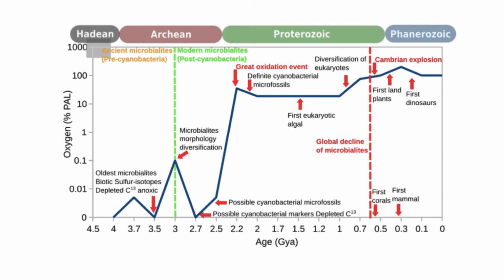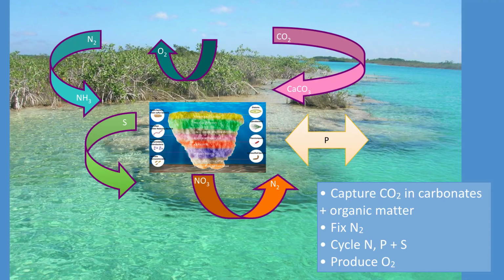Once the atmosphere of our planet had enough oxygen, that gave rise to eukarya. And eukaryotes started eating microbialites. And so today we find these bacterial reefs in aquatic ecosystems that don't harbor as many eukaryotes. For example, we find them in ecosystems that have very low levels of nitrogen and phosphorus, which limits, for example, algae.